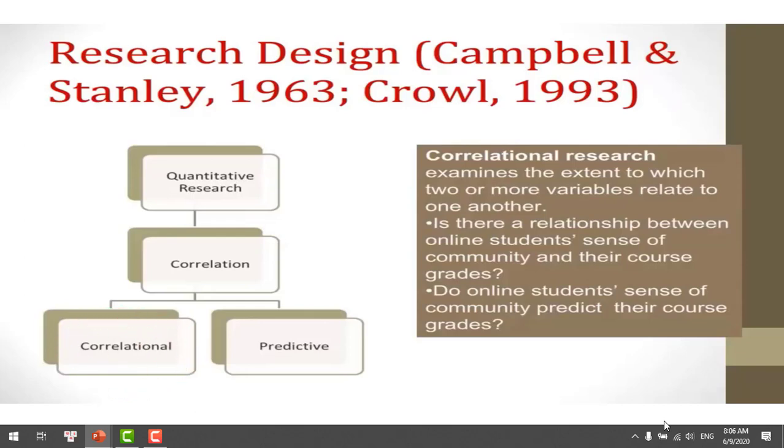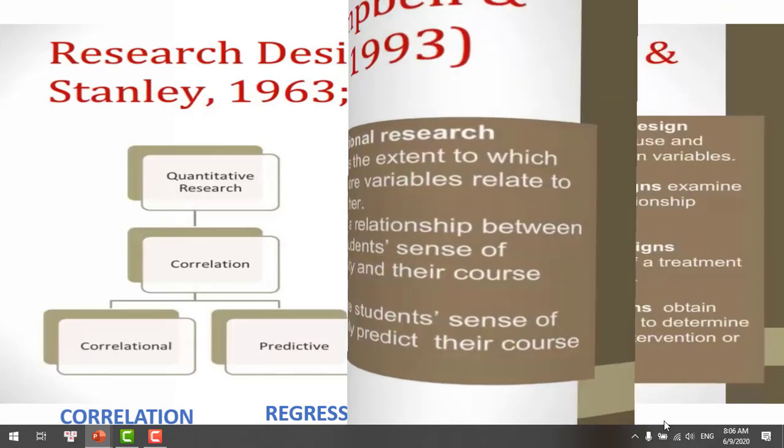If we are interested in finding out the formula for that correlation and make predictions, then in that case we have what we might call a predictive correlation. Now for the pure correlation, that's what we call correlation. When we are trying to do the prediction, that's when we would use regression.